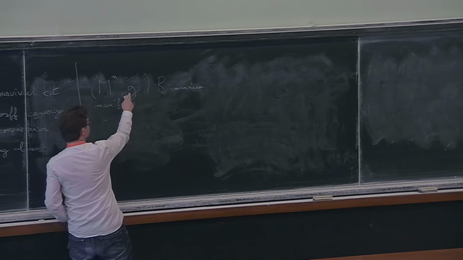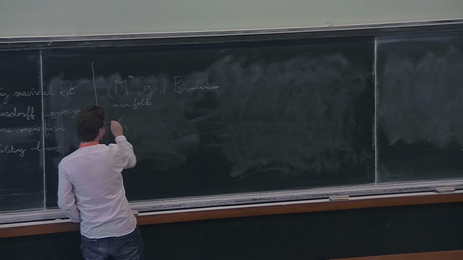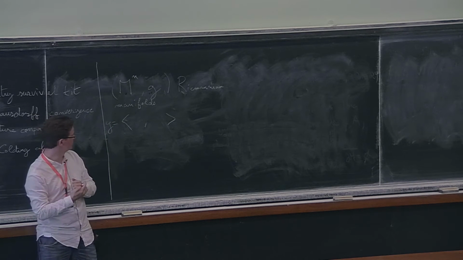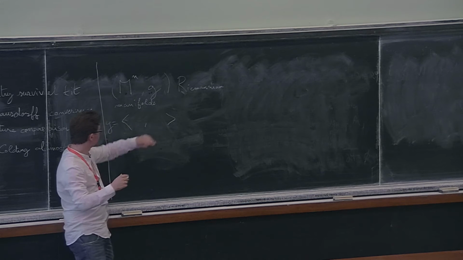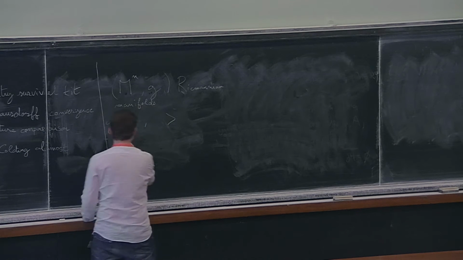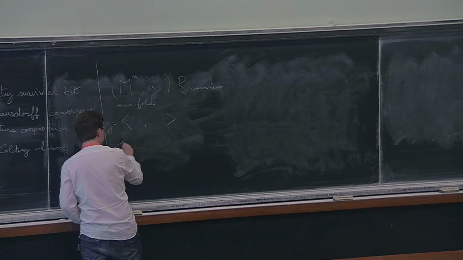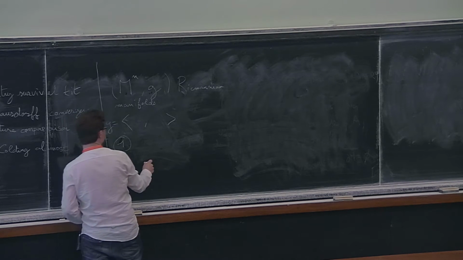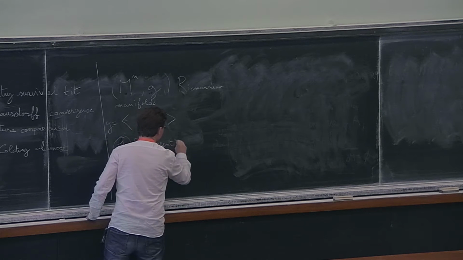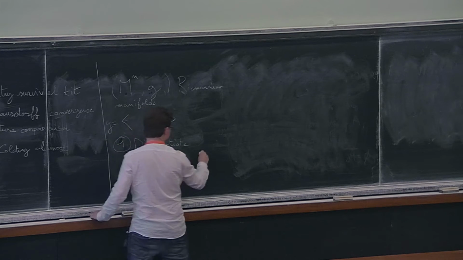I will often denote g by the usual inner product in R^n for convenience, and the norm likewise. So what can we do with a Riemannian metric? First, we can differentiate vector fields and tensors.